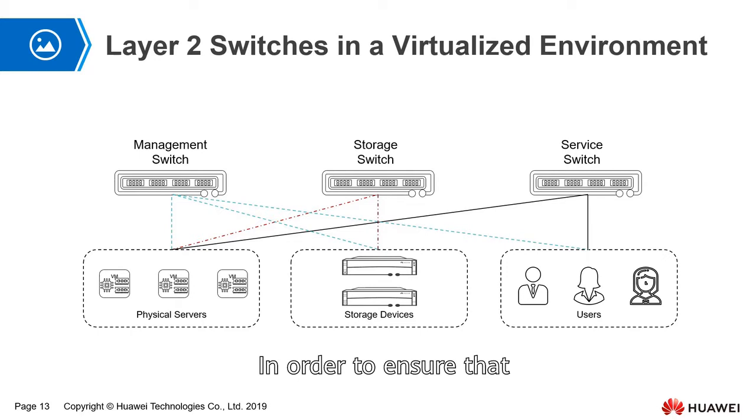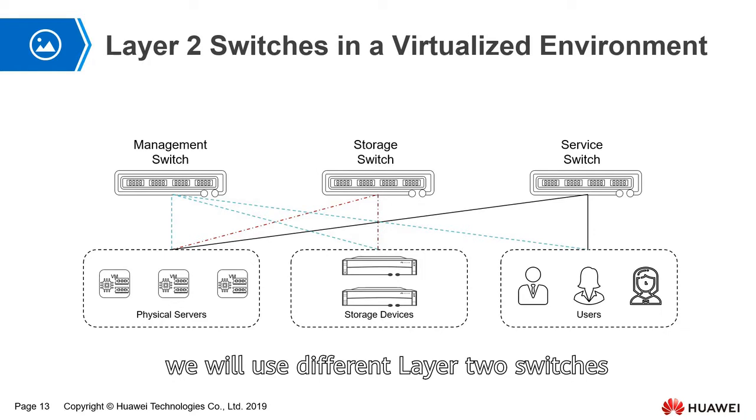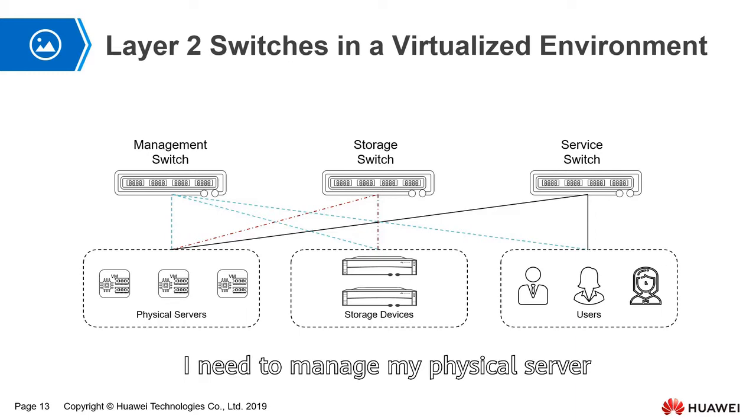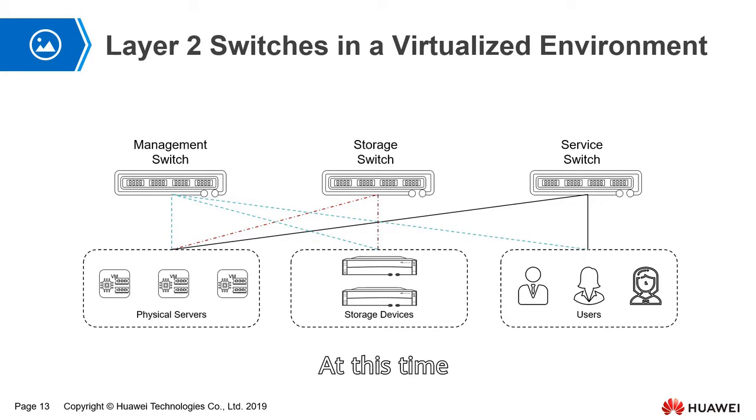In order to ensure that each traffic has sufficient bandwidth, we will use different layer 2 switches to carry different traffic. For example, if I manage a computer, I need to manage my physical server and also manage my storage devices. Then, the user needs to manage these devices through the network. At this time, the physical servers, storage devices, and the users must be connected to this switch.